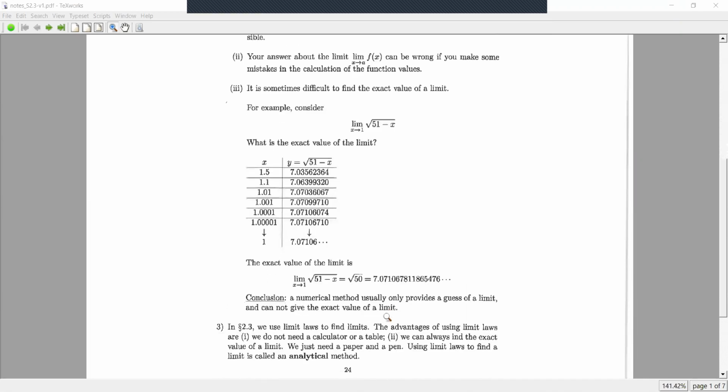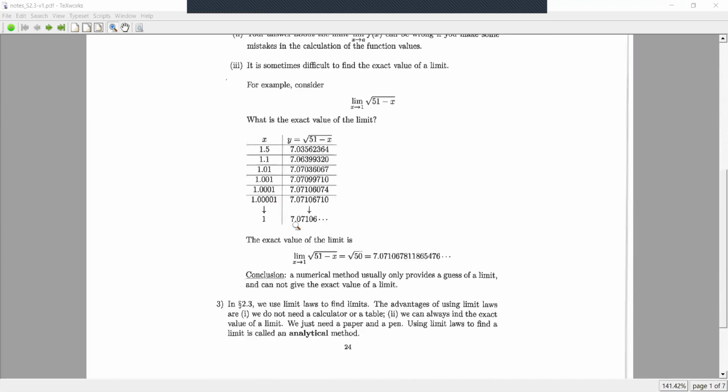Here, I have made a table. In this table, I let x approach the point 1 by taking on these points. By calculator, the function values at these points are these values. Now, from this table, as x approaches 1, I can tell function approaches this number.